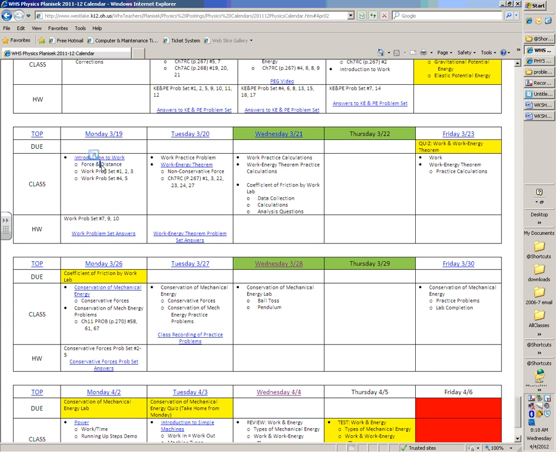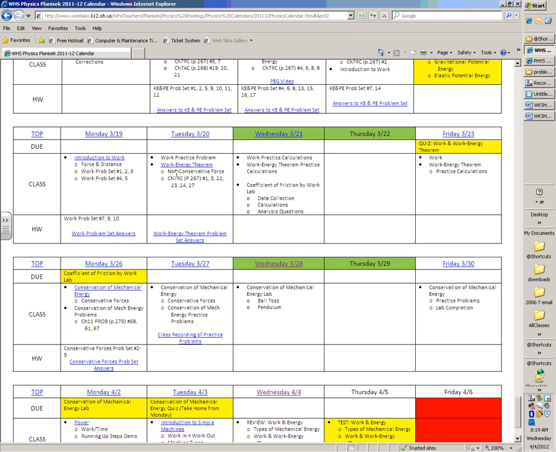After we introduced what work was, we got into the work-energy theorem. And we talked about a non-conservative force, being something that will change the mechanical energy of an object. We said pretty much everything out there is a non-conservative force except for two things: gravity and springy elastic forces.